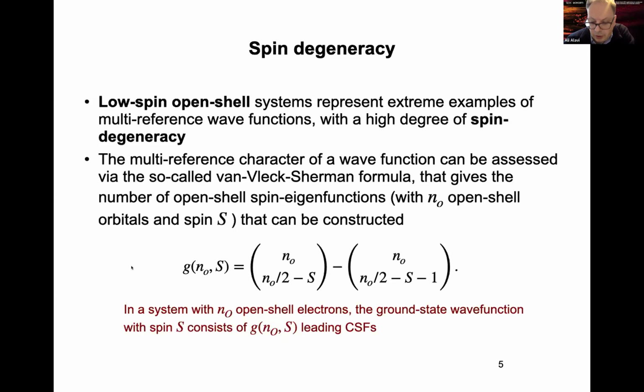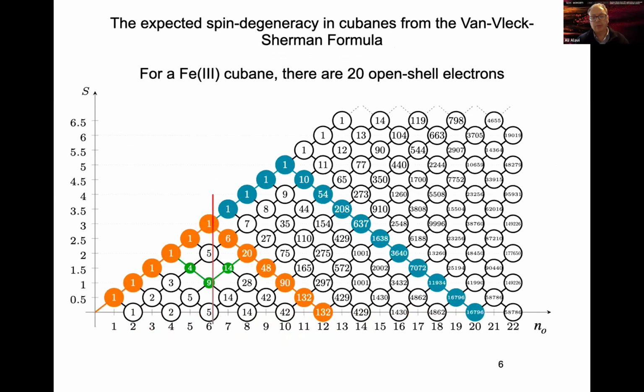And to give you an idea of, first of all, where this formula comes from and what it actually implies, you can obtain these from a spin branching diagram, where on the x-axis you have the number of open shell orbitals, and on the y-axis you have the spin, and you can construct these spin eigenfunctions in a so-called genealogical way, where you start off by putting the first electron in the first orbital, and that takes you to a spin half system.